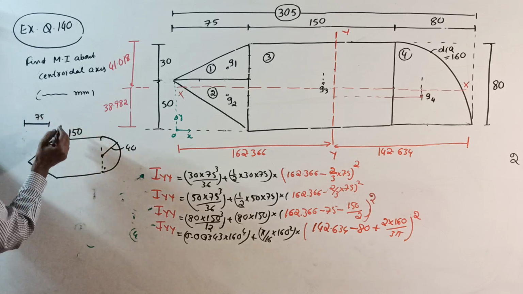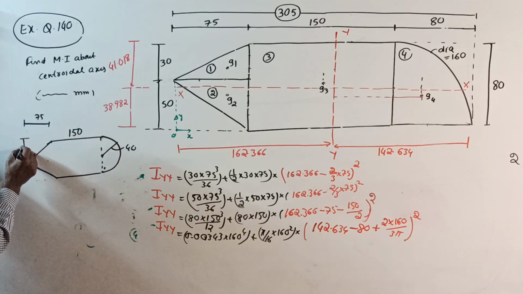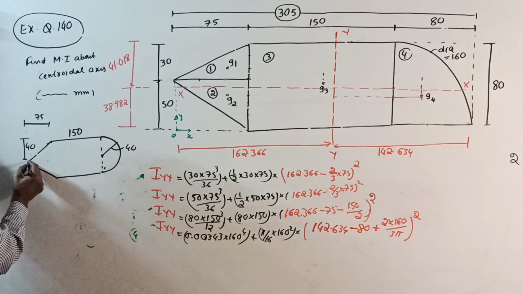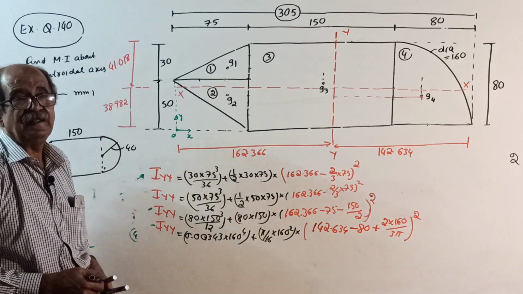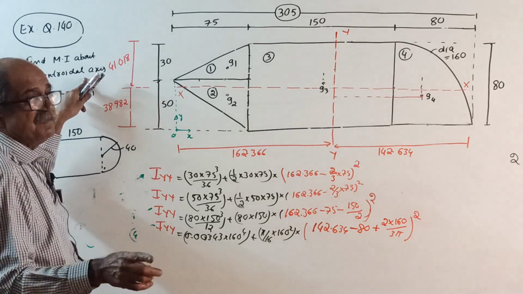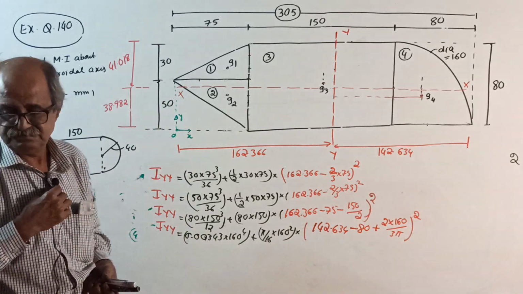There's a reason for it. And this distance I will take exactly 40. That is, this is the same level here, because there is one axis of symmetry. This I will write and explain briefly and close this class.